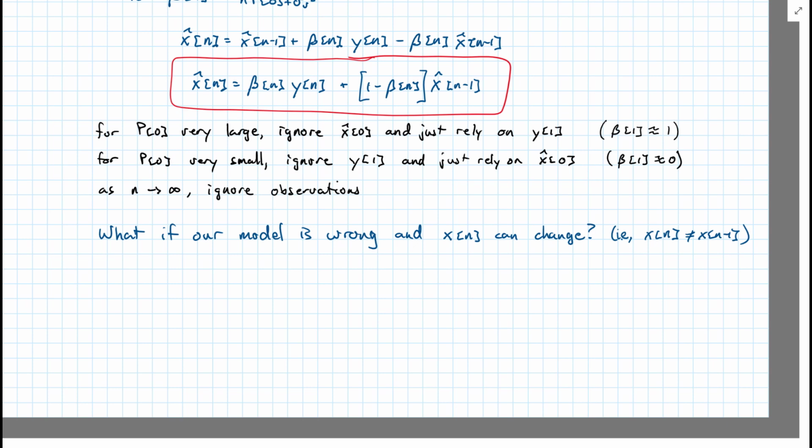Note, we can have two possible problems. One is that xn is actually equal to xn minus 1 plus some zero mean noise. In this case, the expected value of xn is equal to x0, but the variance will increase.